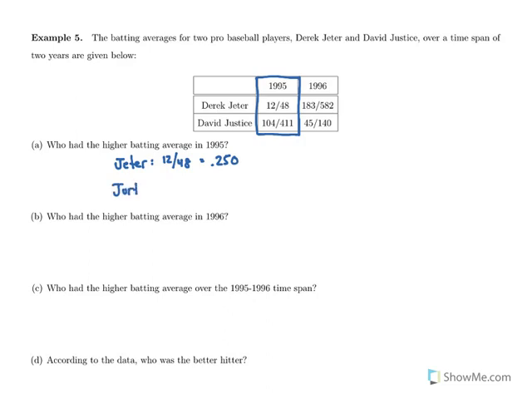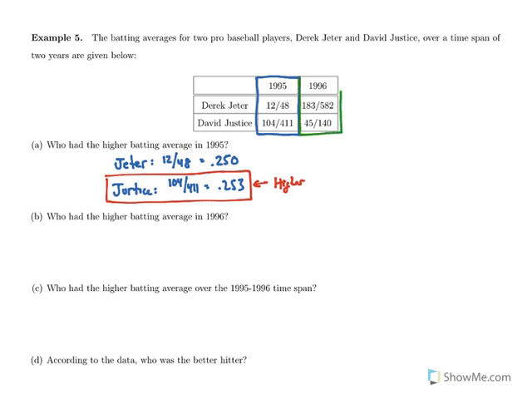And David Justice is 104 over 411, which is going to be 0.253. So the answer is David Justice's is higher. Who had the higher probability in 1996?